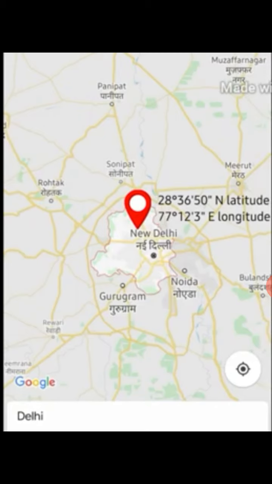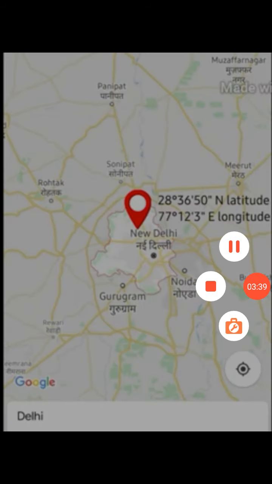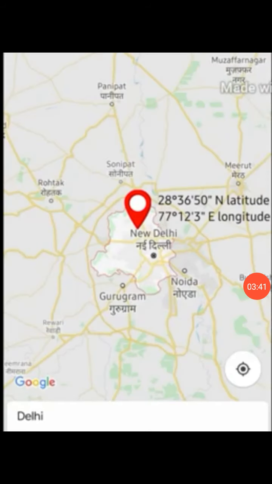For example, Delhi is located at 28 degree 36 minute 50 seconds north latitude and 77 degree 12 minute 3 seconds east longitude. Okay students, have you understood? For describing the location, how many parallel and meridian lines do we need to take? Only one.